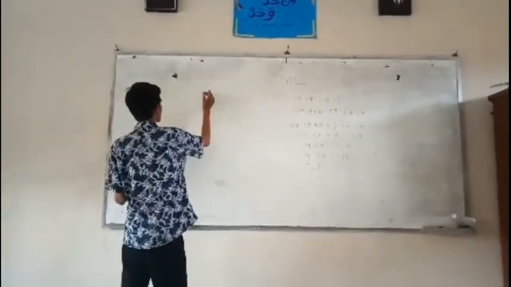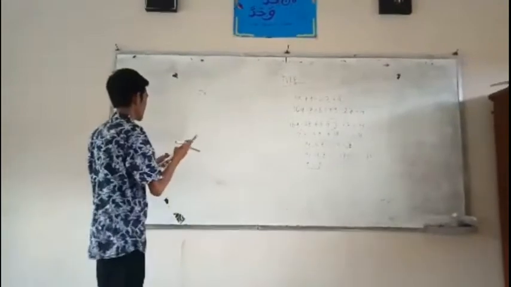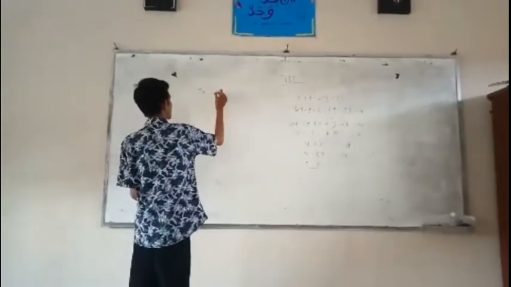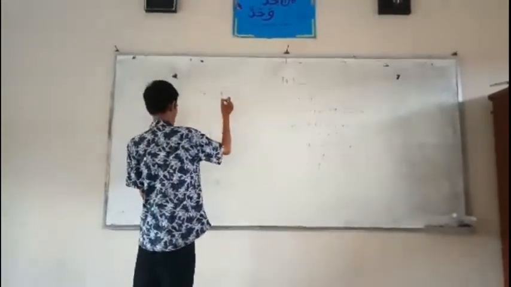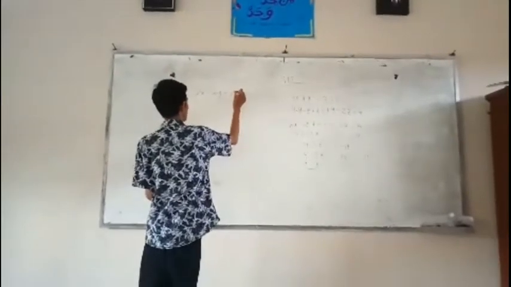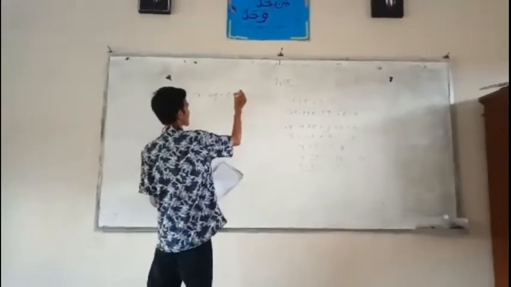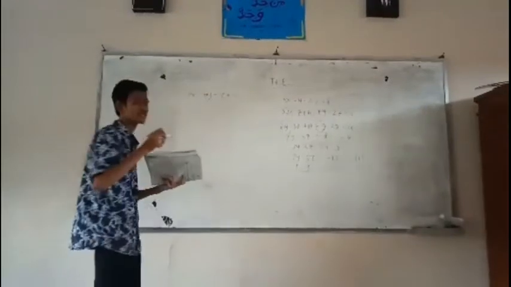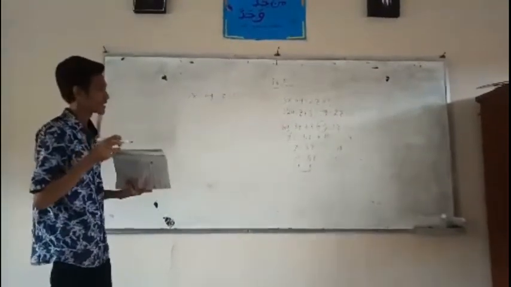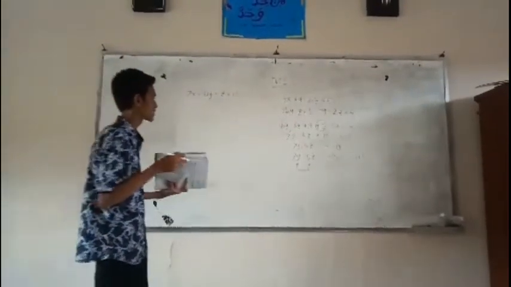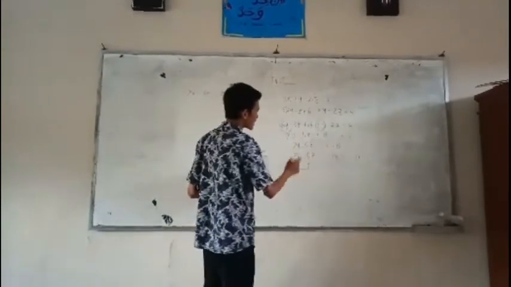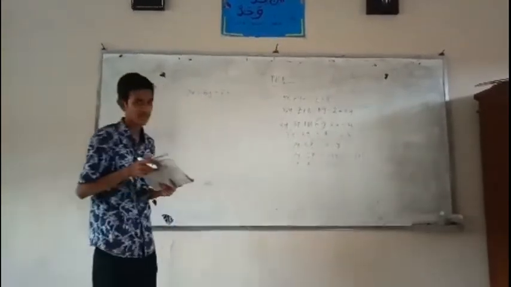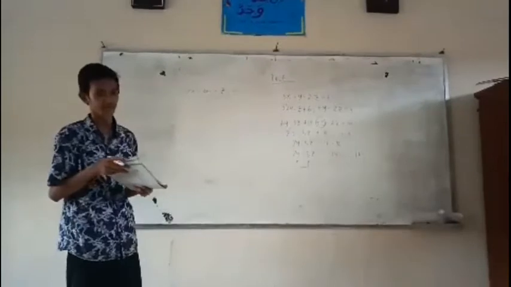We have that the third equation is 7x minus 6y minus z equals 10. We know the first equation is 7y minus 5z equals negative 14.